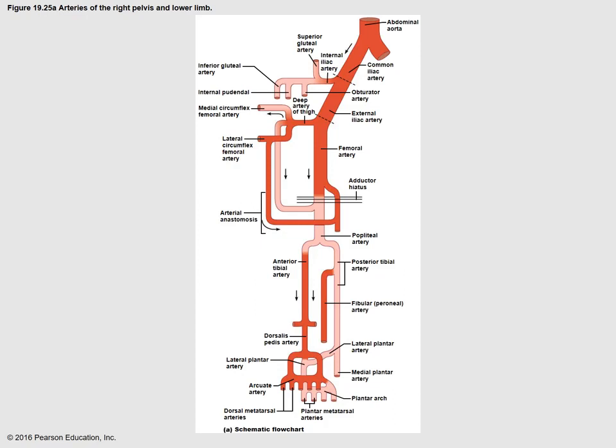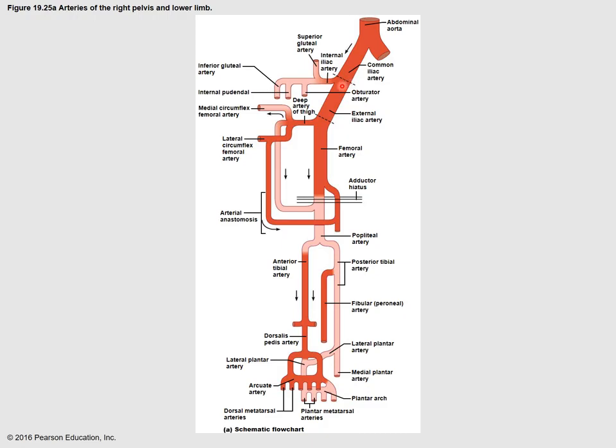Here's a schematic flow chart for the arteries along the right pelvic cavity and then the lower right leg. Once again, once you have that split from the abdominal aorta, it goes to the common iliac artery. You have branches off of this. Some of this is helping to serve right here in the lower pelvic area.